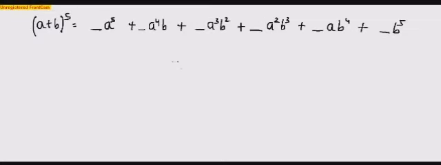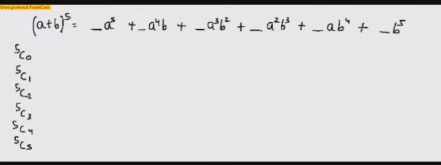So now we have to find these coefficients as we were trying to do. Now what if I say that the coefficients for these are something like this: 5C0, 5C1, 5C2, going on till 5C3, 5C4 and 5C5. Now see what I have done.